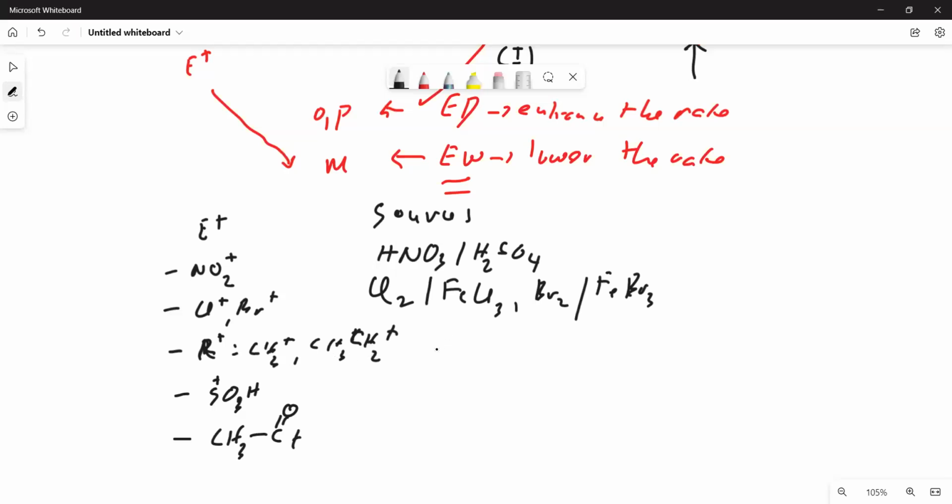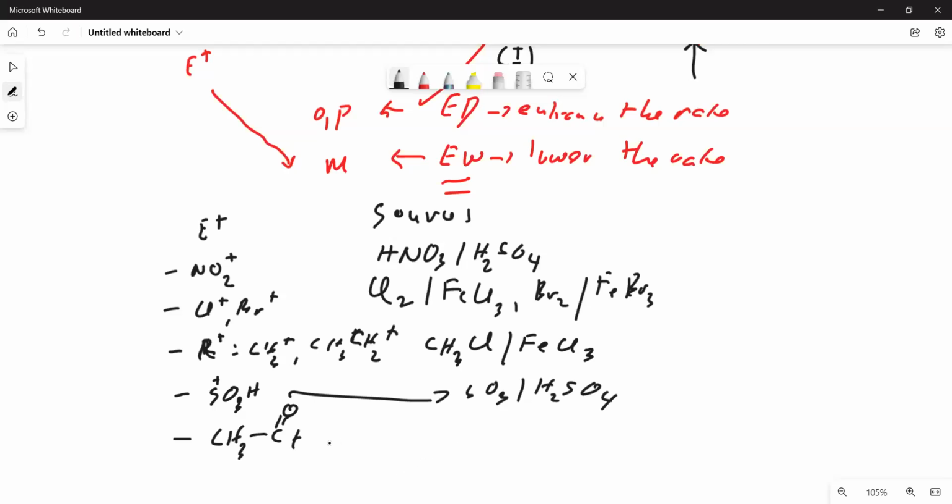Now for alkyl carbonium ion, let's have a specific example here, say methyl carbonium ion. To generate the methyl, you can use methyl chloride, again, in the presence of a Lewis acid. Now for sulfonium ion, you can use sulfur trioxide mixed with concentrated sulfuric acid.